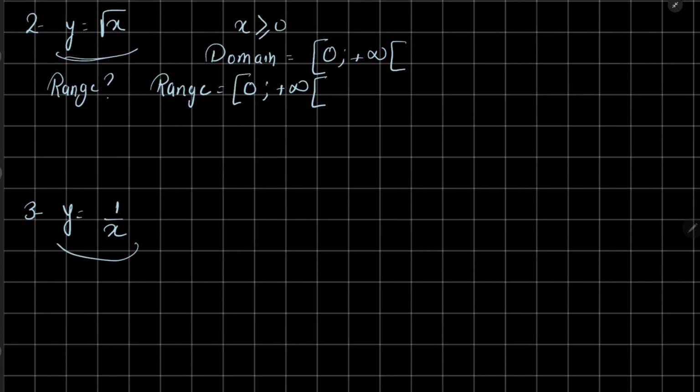For the function y equals 1 over x, we've known from elementary school also that the denominator of any fraction must be not equal to 0. Then, in this case, x could be any number different than 0. This makes us reach the idea that the domain of definition of this function is any number that is different from 0, then it's from minus infinity to 0 excluded, union 0 excluded to plus infinity.